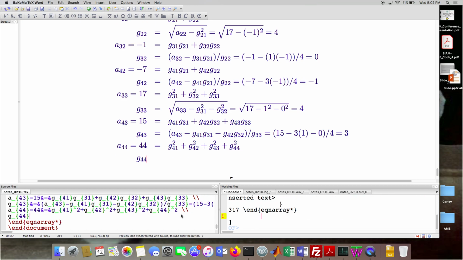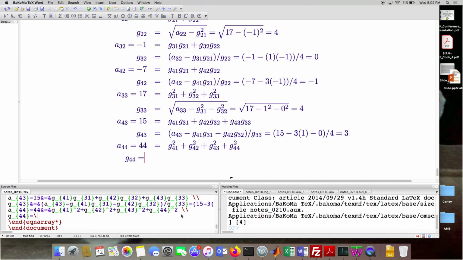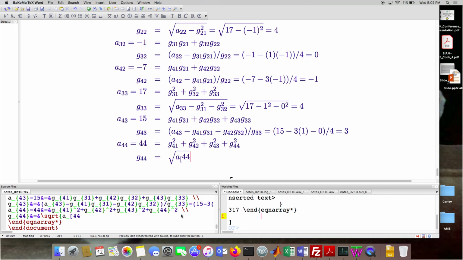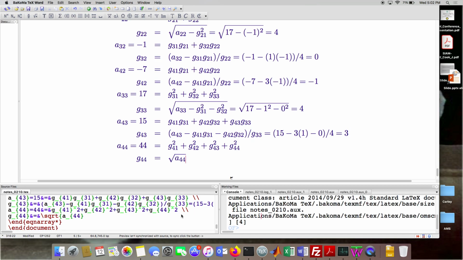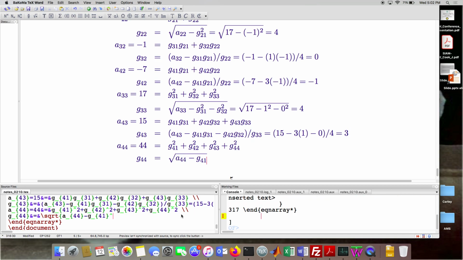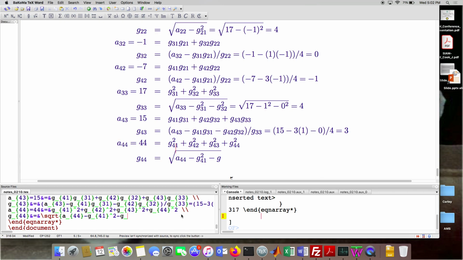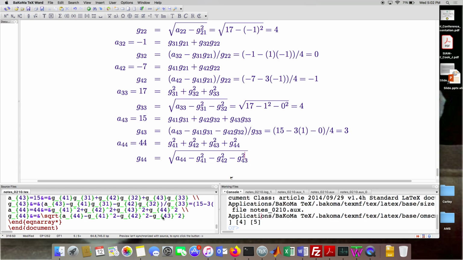So G44 is equal to A44 minus G41 squared minus G42 squared minus G43 squared.